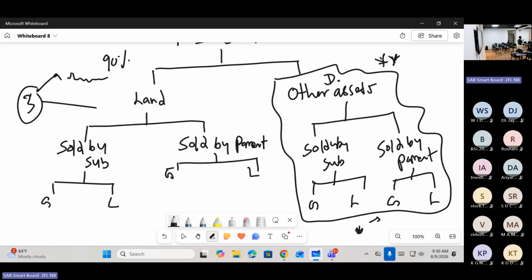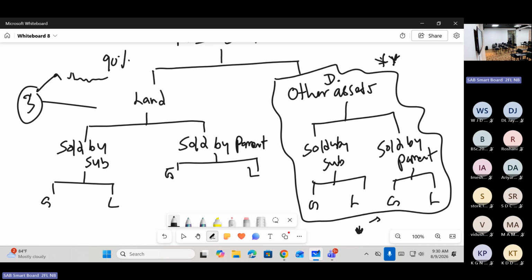First, I am not doing the P&L plus balance sheet. I am trying to make only a balance sheet first, right? P&L plus balance sheet, how to do this. After completing the P&L, what is the next step?